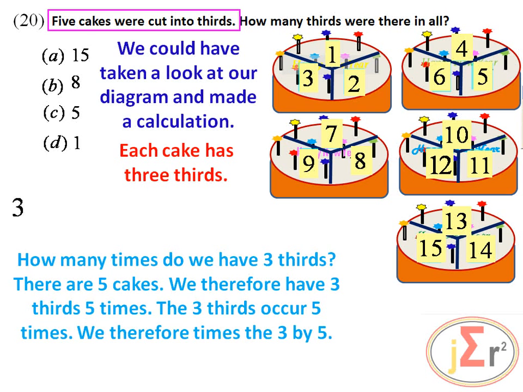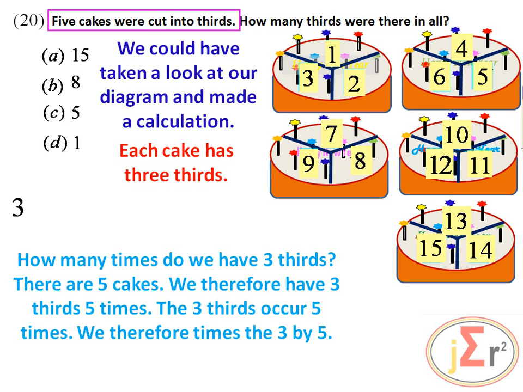But how many times do we have that, Jerry? 5 times. We have 3 thirds in each cake, and we have 5 cakes. We have that occurring 5 times. So how many times do we have 3 thirds? There are 5 cakes. We therefore have 3 thirds 5 times.